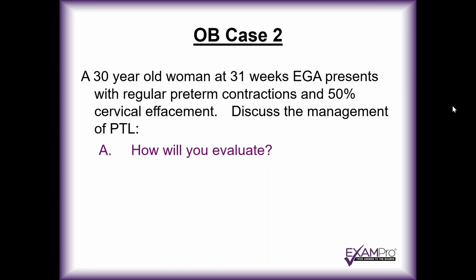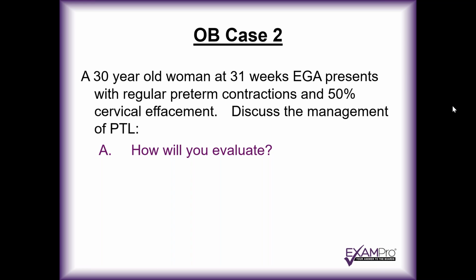But I suspect if we're at 50%, knowing that there's certain criteria for the FFN, and potentially send that off. That's how I would at least start the evaluation and continue to monitor the patient for the progression of her contractions or changes in her cervical exam. Okay, it's a nice start.